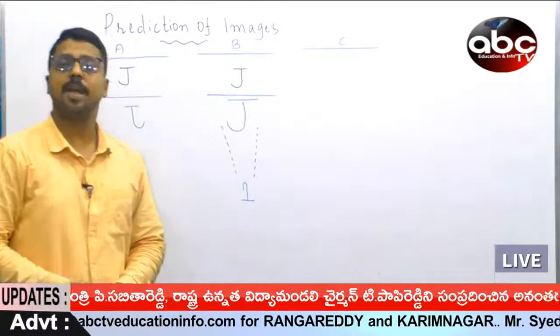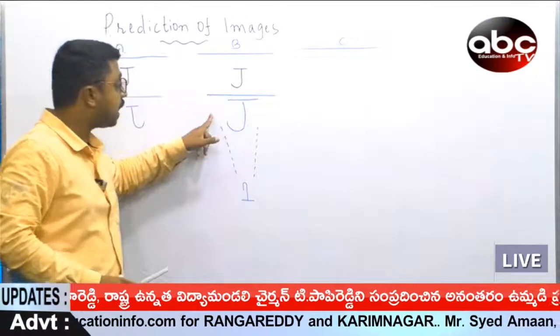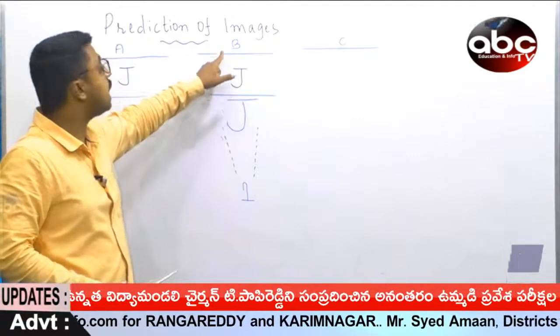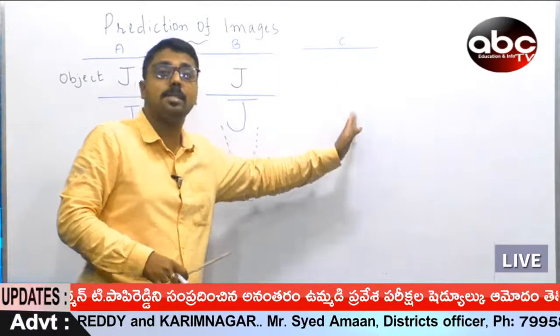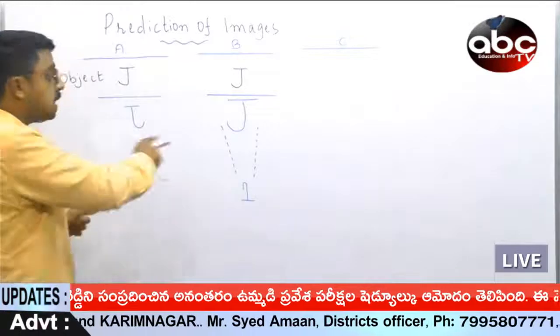This is the image when the object is placed at mirror B. At the same time, let us observe what happens at C. Then let us analyze the differences.